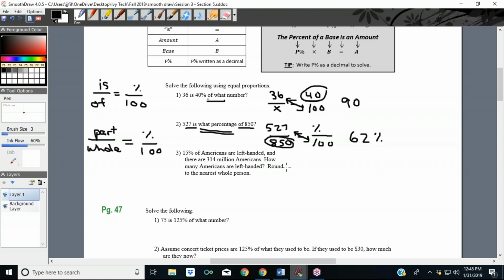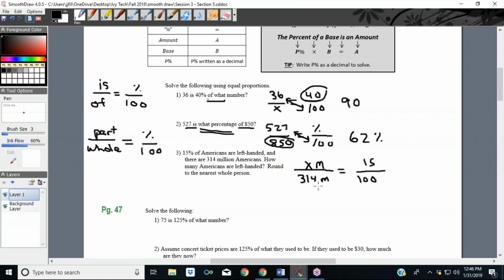All right, and number 3, 15% of Americans are left-handed, and there are 314 million Americans. How many are left-handed? So we have the percentage of left-handed ones out of 100. And this 314 million represents the total. So that goes with the 100. And we're trying to find the number of millions of left-handed.